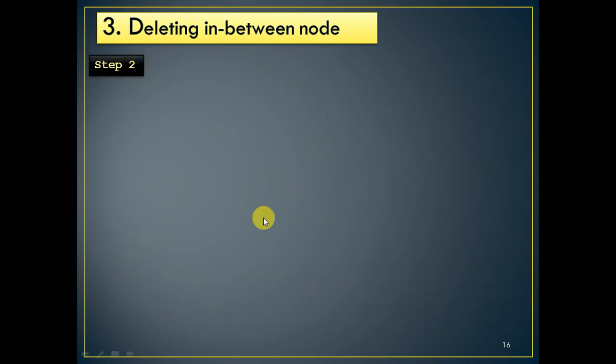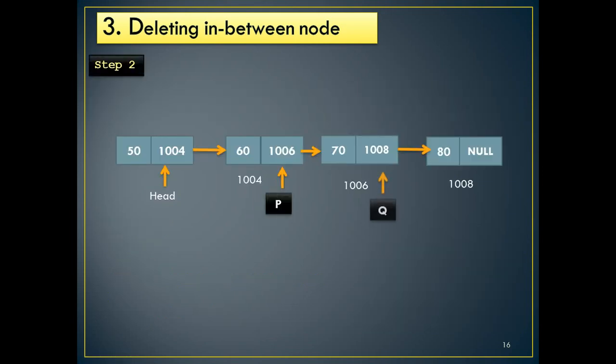After traversing, we have to assign the new pointer variable q at that particular node which you want to delete. Okay, it means q is a node pointer variable that you have assigned here, for the node you want to delete. It means that q is equal to p points to next.